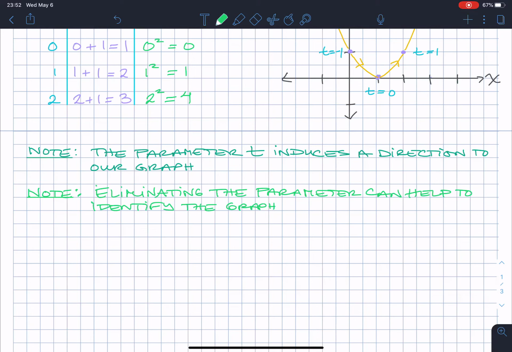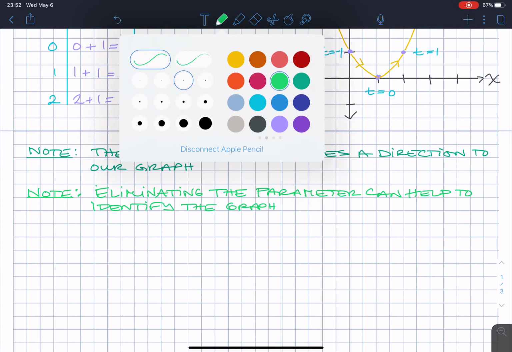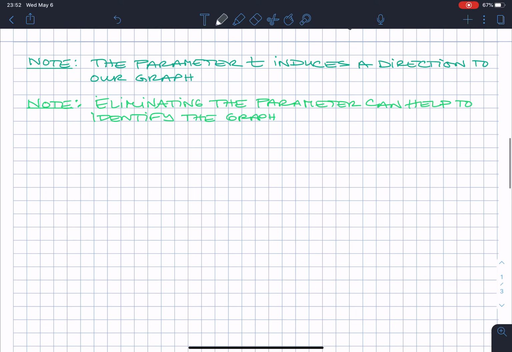Okay, so for example, eliminate the parameter and plot.